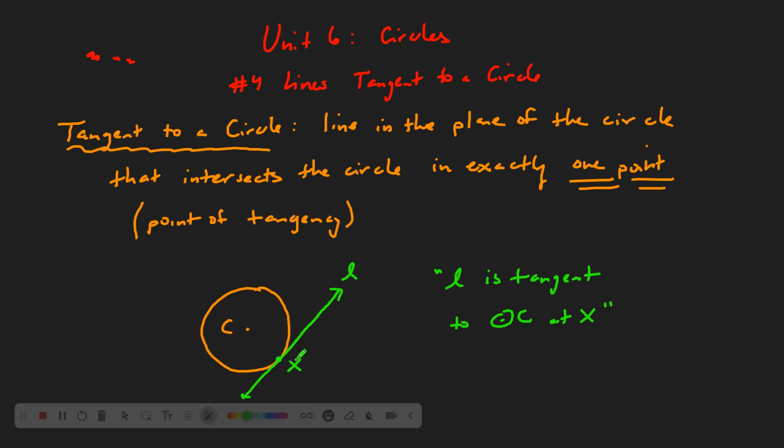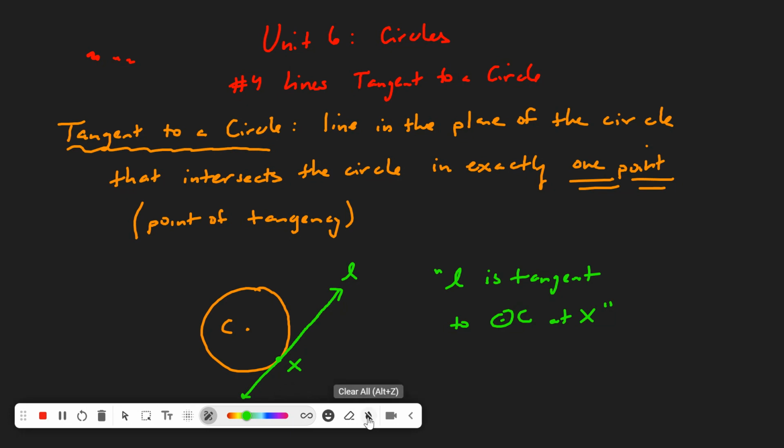Okay, so we're going to use this picture to talk about another theorem. So this next theorem is called the radius tangent theorem.